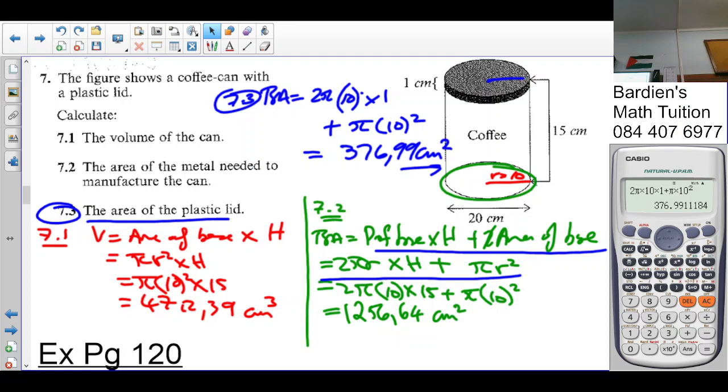Okay, where's my mistake, you say? So what must I take out here? If I take the 1 out, it's the same as having the 1 there. No, the plastic lid consists of that, which we have, and this here, which we also have. That's the area.